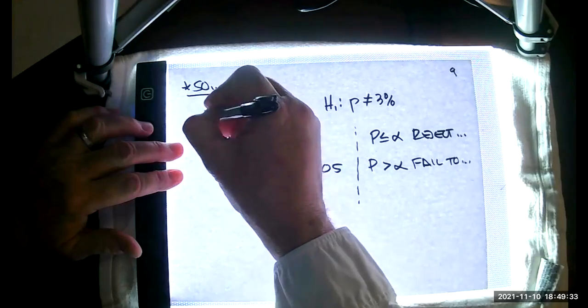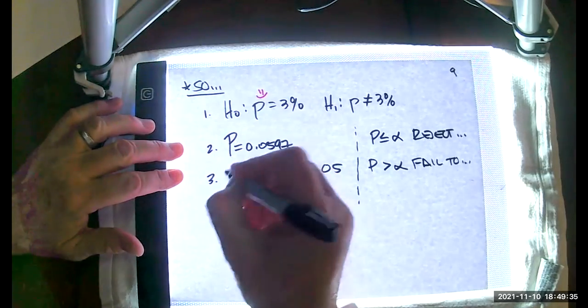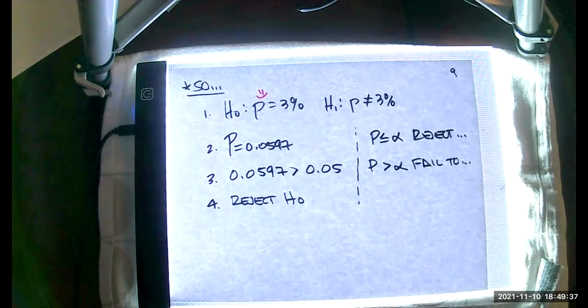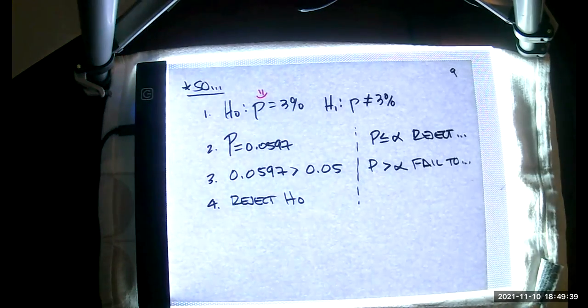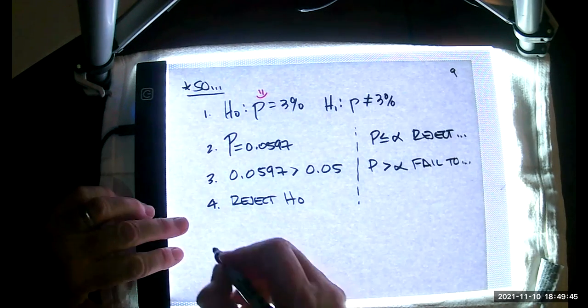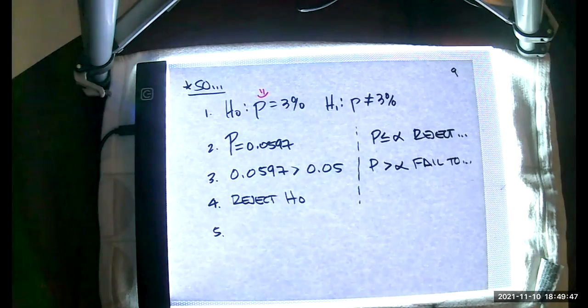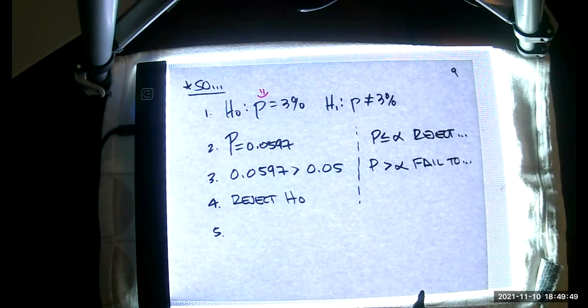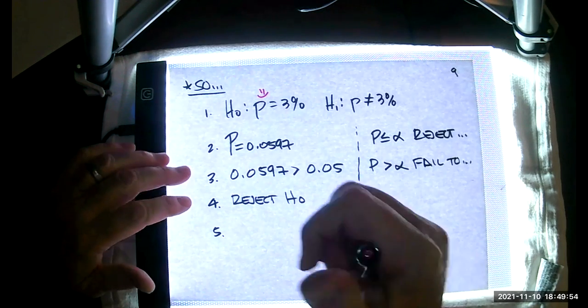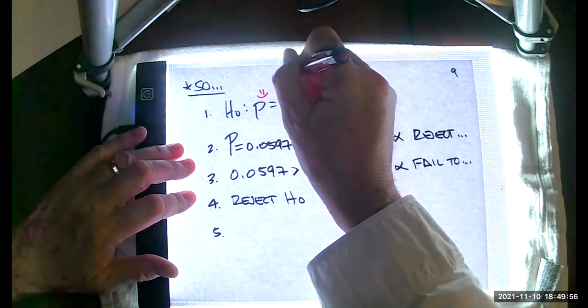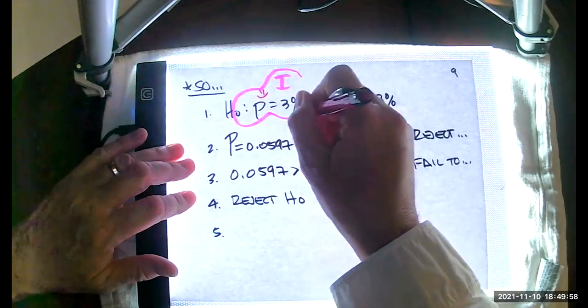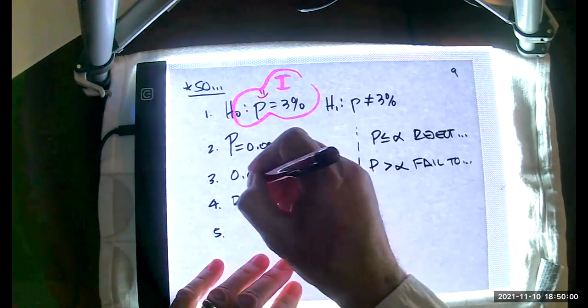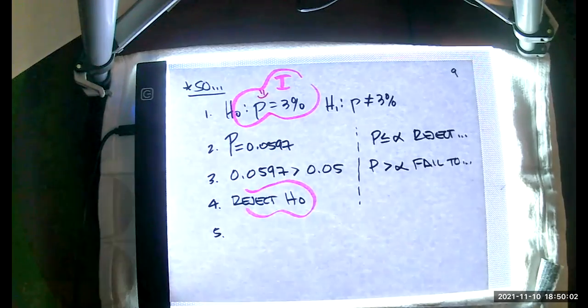So that's 1, 2, 3, 4. Now, what we need to do is to determine if the initial claim was supported or not. So, was that initial claim supported? The initial claim was this guy right here. What was our outcome? We rejected H naught.